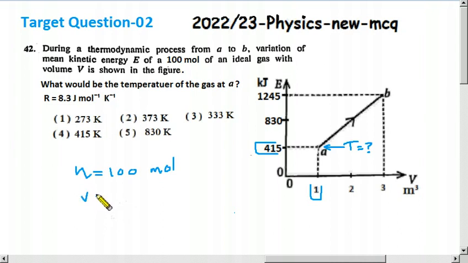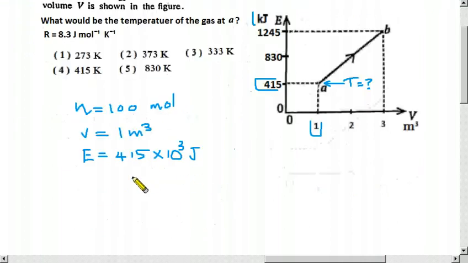So this data we can use. We know the volume is 1 cubic meter. Kinetic energy is 415 kilojoule, therefore times 10 power 3 joule. What we need is temperature.